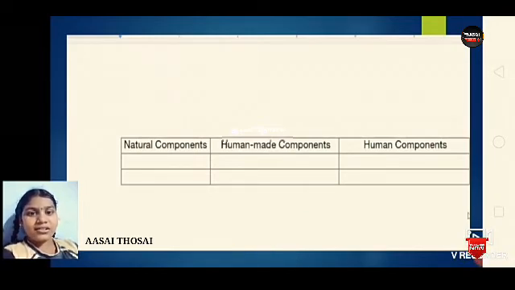Biotic is living organisms, for example plants, animals and humans. Abiotic is non-living, for example air, water and land.